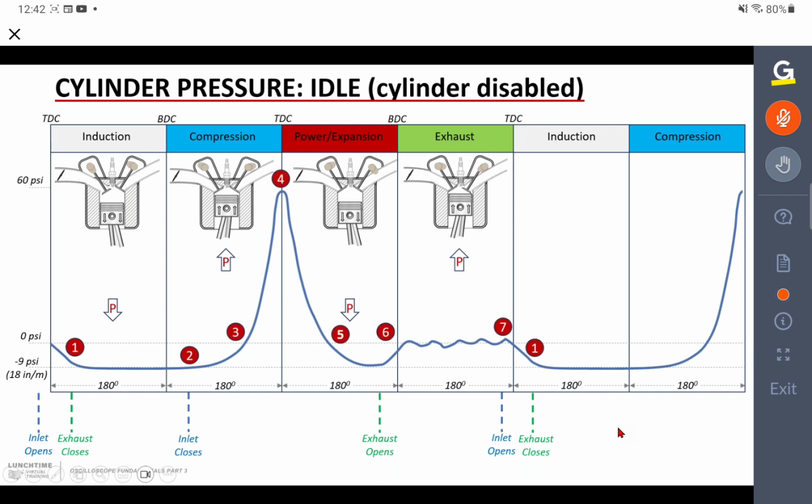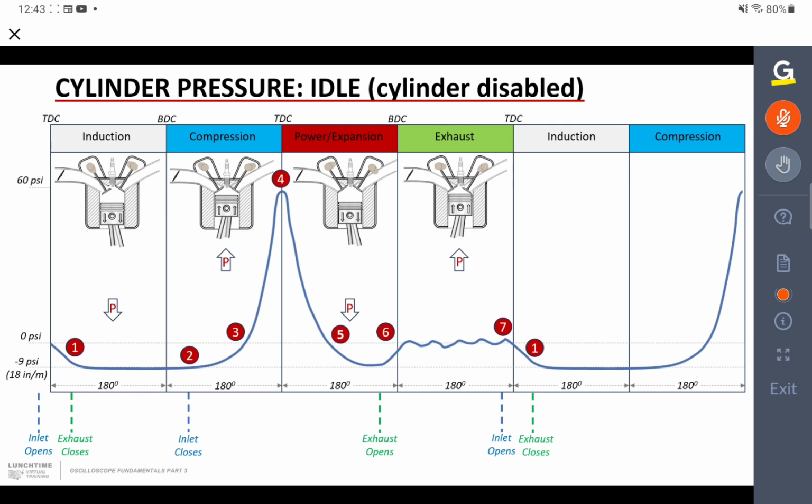And those numbers there, which I think you've got on the handout, guys, are just the key areas we need to look at on an in-cylinder pressure check. So number one, obviously, is where the pressure falls to a negative pressure or a vacuum. Number two is where the inlet valve closes, the piston starts to rise past atmospheric pressure at 3 and up to the peak pressure at 4.